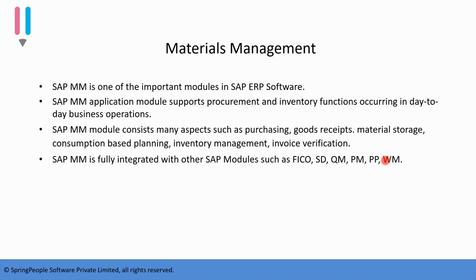Next, WM. WM stands for warehouse management. Let us take an example here. Let us assume we have a building, called building A, and there are, let us say, 4 floors.